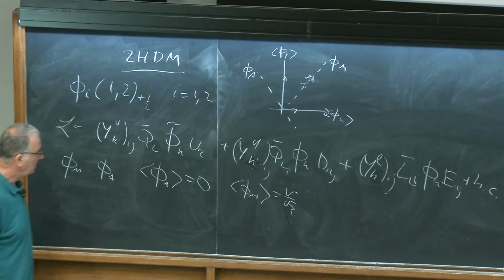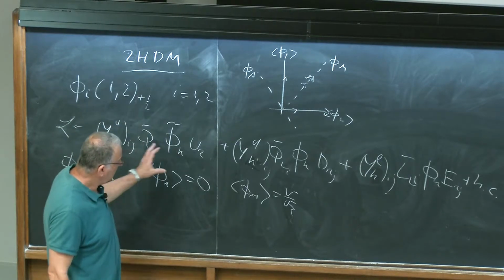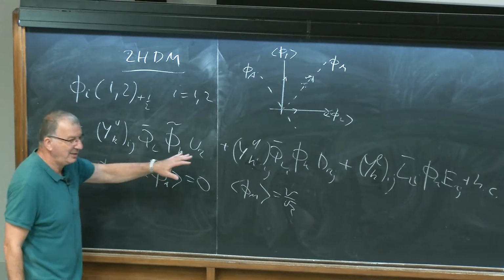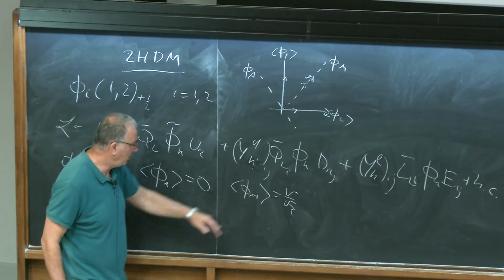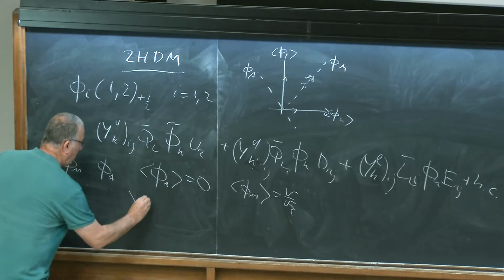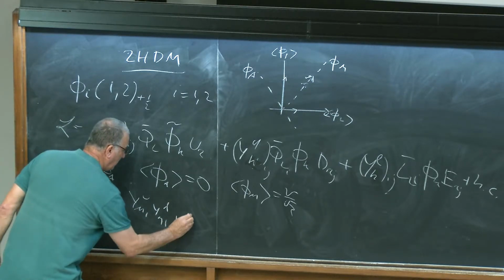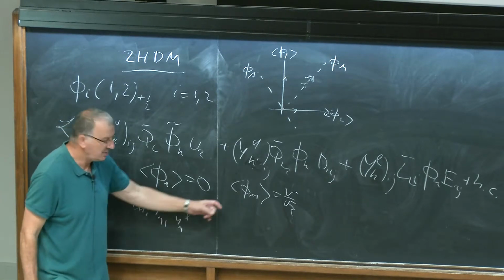If you now move to this basis, I still have two Yukawa matrices. One I would call Y^M_U, Y^M_D, Y^M_L, the Yukawa matrices of phi m.